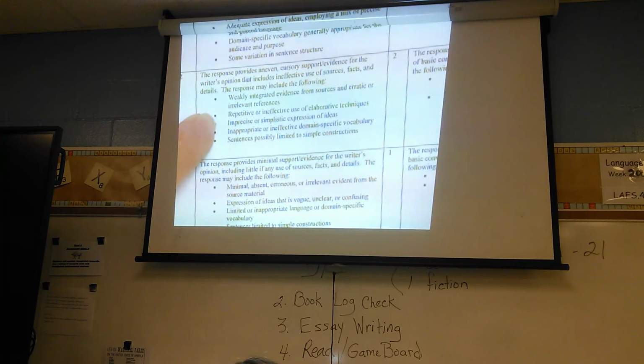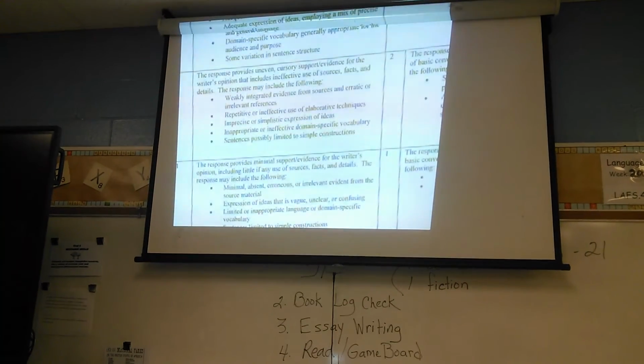They don't want to see like a formula. Yes, there's a pattern. Yes, there's a structure. But they don't want to see the same words over and over and over again. Imprecise or simplistic expression of ideas, inappropriate or ineffective domain-specific vocabulary. And sentences are simple.